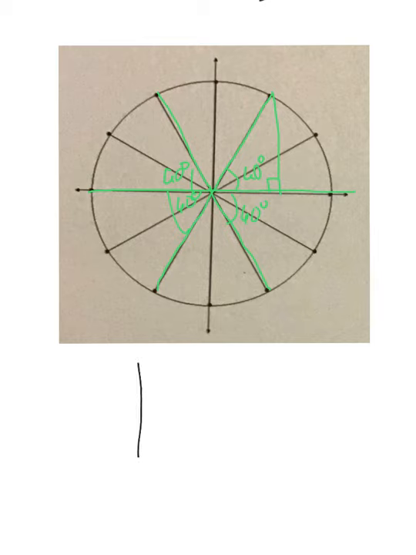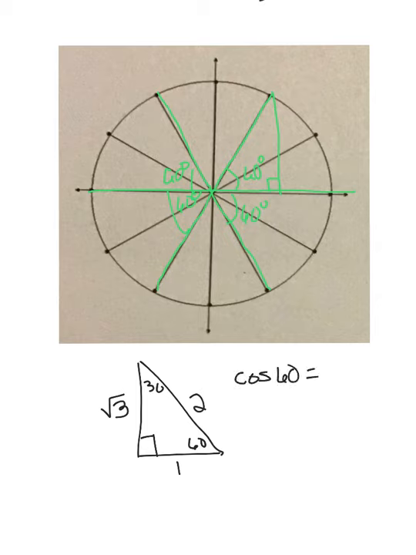Going back to a 30, 60, 90 one more time, 1, 2, square root of 3 is always the relationship here. So the x-coordinate of your point will be the cosine of 60. So the cosine of 60, adjacent over hypotenuse, will be 1/2.